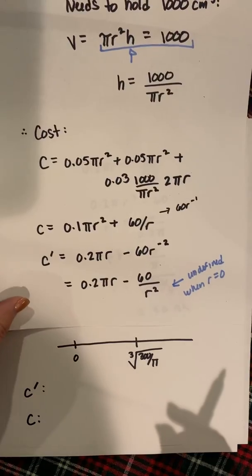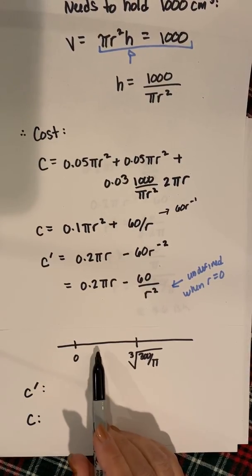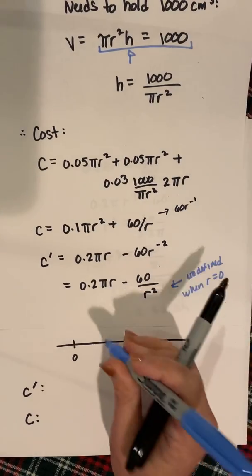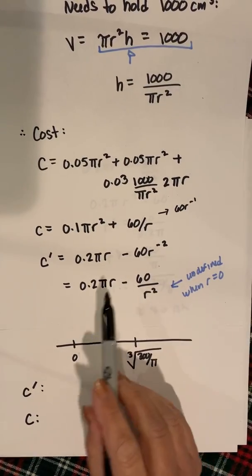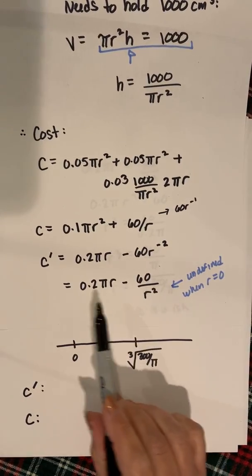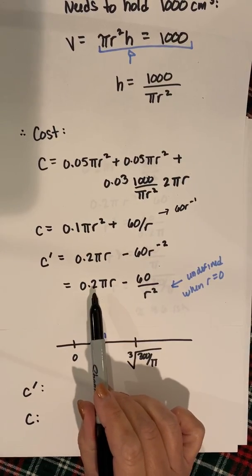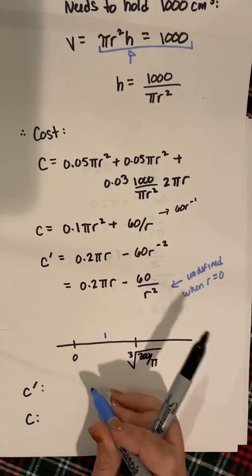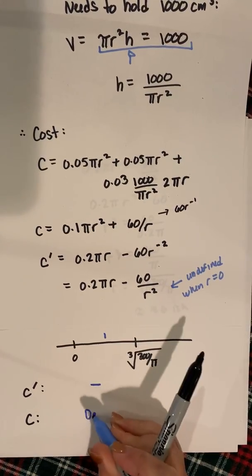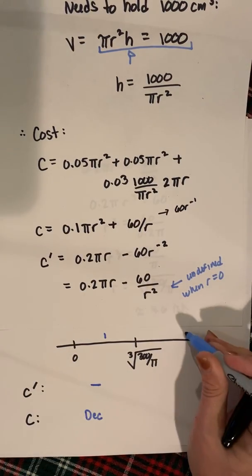So here's the derivative of the cost, and I'm going to put in, let's say 1, for example. If I put in 1, I get 0.2 pi times 1 minus 60 over 1, which is 0.2 pi minus 60. 0.2 pi is a very small number, less than 1, so that minus 60 is going to be negative. So my cost is decreasing until it hits this number. Then I pick any number to the right of this number, like 100.